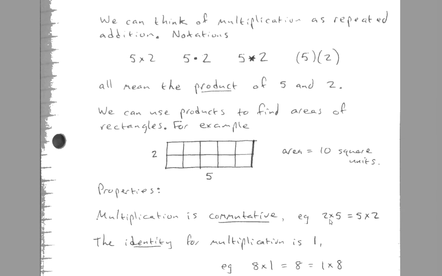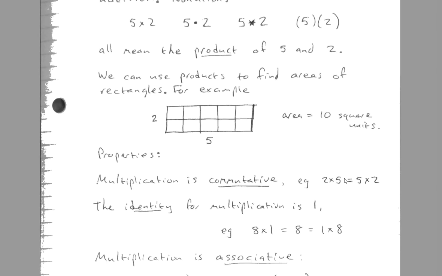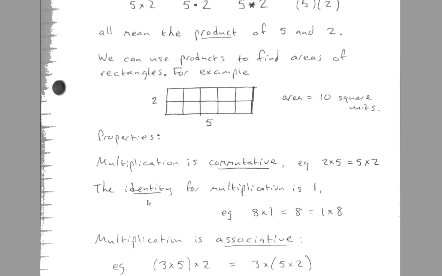It doesn't matter if you do 2 times 5 or 5 times 2, the answer is 10. The identity for multiplication is 1. So what number can you multiply numbers by and nothing changes? 1 is the answer.